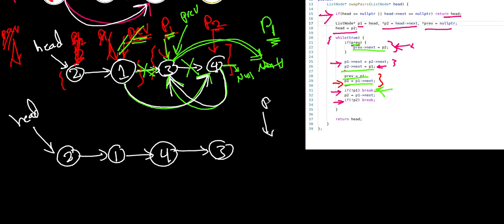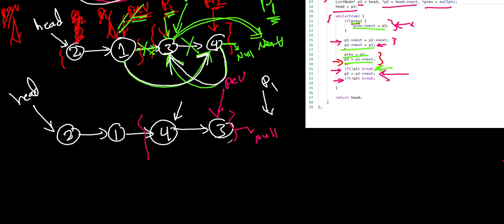P1 is null, P2 is still at 4 because we did not reach this statement here, and the previous points to this node. This is null, and that's it.